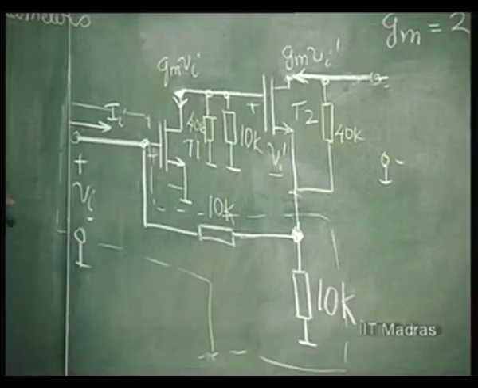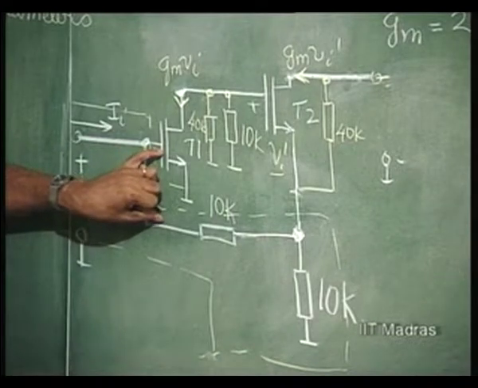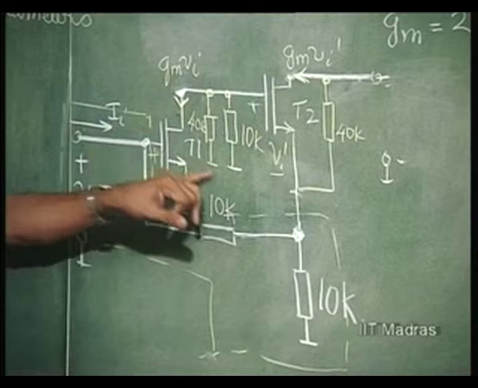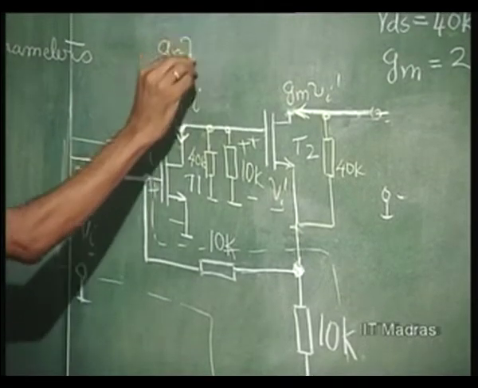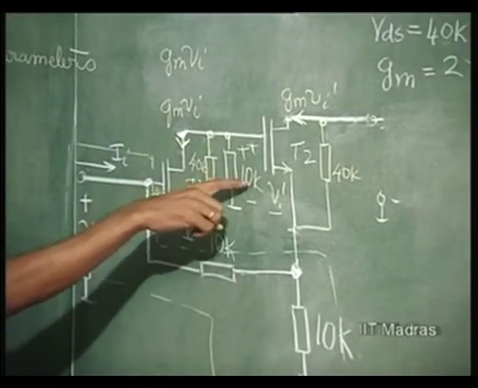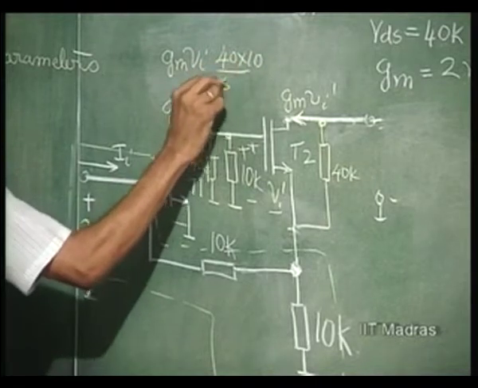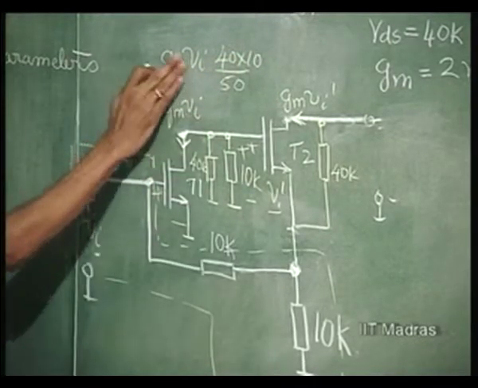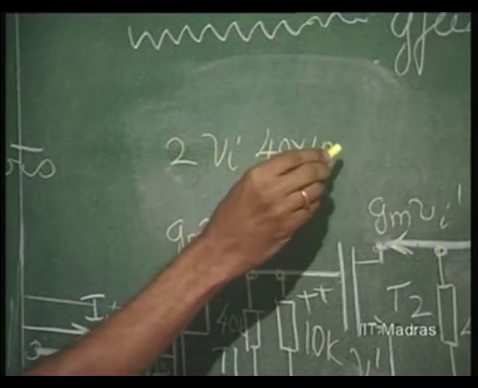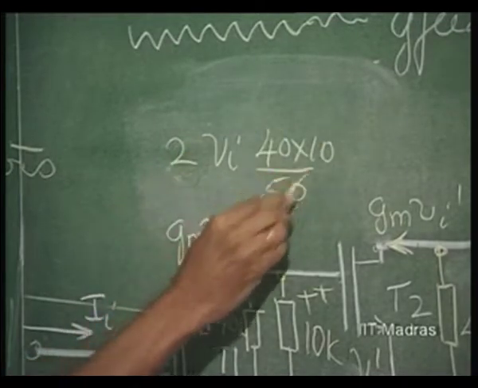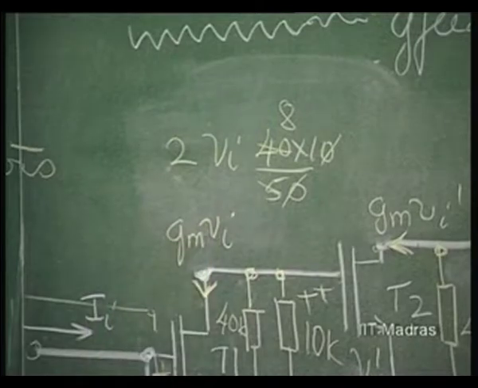We know that this voltage Vi is going to appear here as Vi, and because of this Gm times Vi, the voltage developed across this is going to be Gm into Vi into the parallel combination of this 40k parallel 10k. So, 40 into 10 by 40 plus 10, and Gm is already known to be 2 millisiemen. So, 2 into 10 to the power minus 3 gets cancelled with 10 to the power 3 here. So, actually the gain here of the single stage is going to be 16 times Vi.